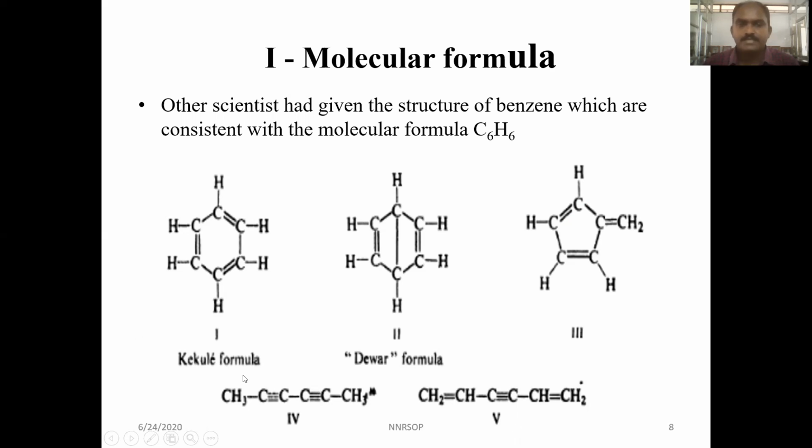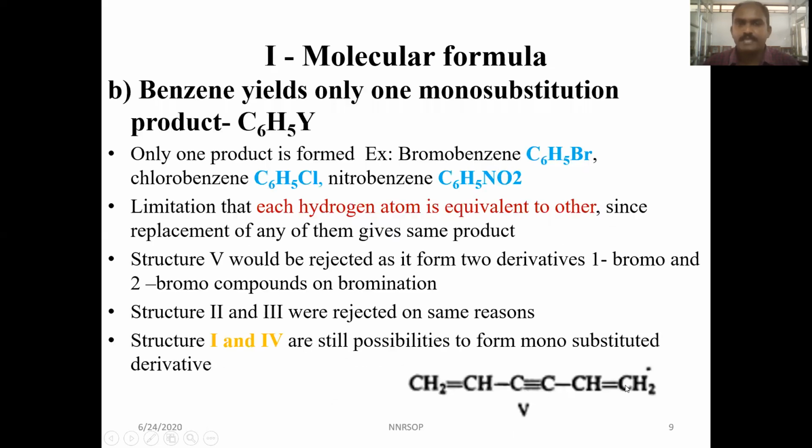Only the first and fourth structures were finalized based on the mono substitution product, because these two structures are giving a mono substituted product, whereas the second, third, and fifth were rejected because the fifth is giving two derivatives, one bromo or two bromo compounds on bromination.